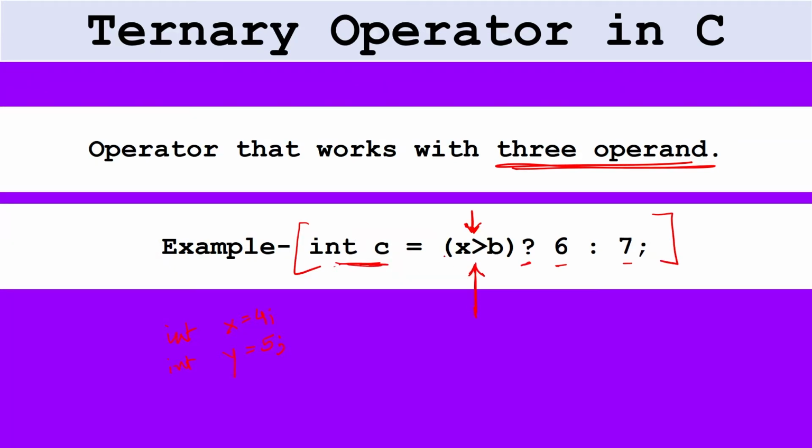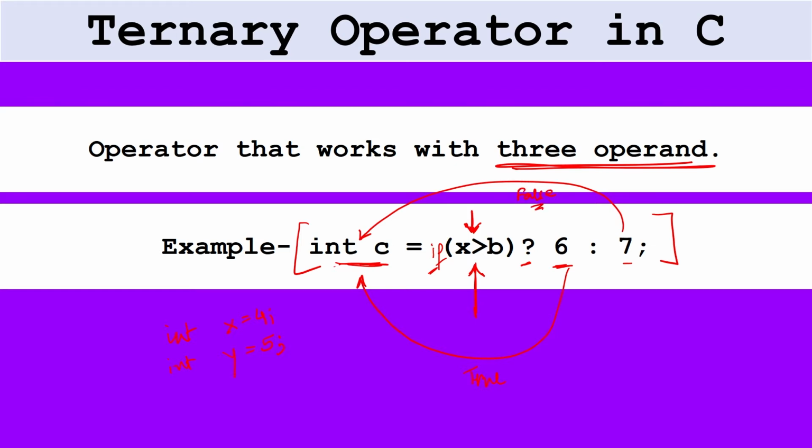Let me add an if over here. If x is greater than y, if this x is greater than y, that is true, then C will get the value of 6 if true. If not true, that is false, then C will get the value of 7 if the condition is false.